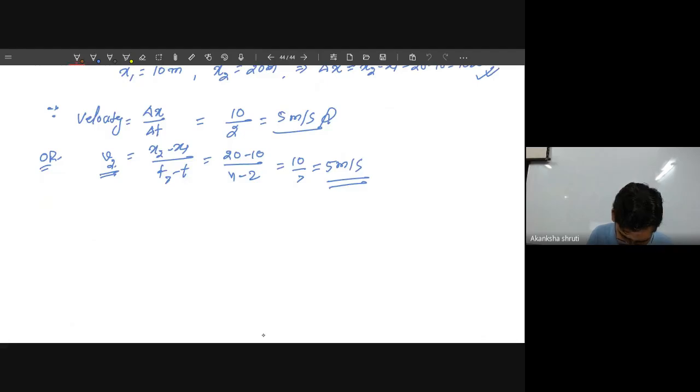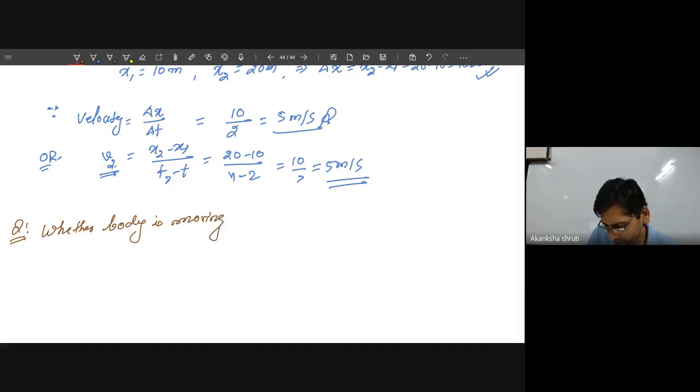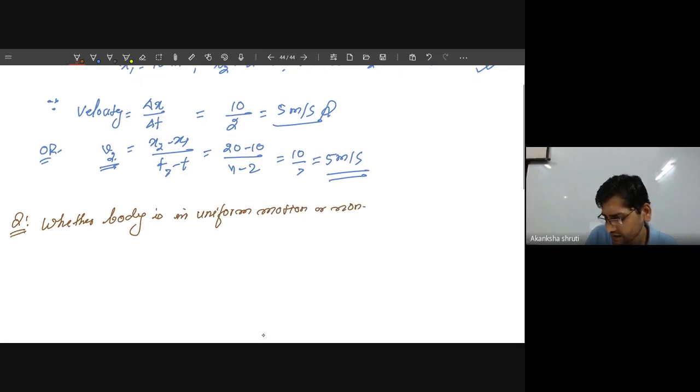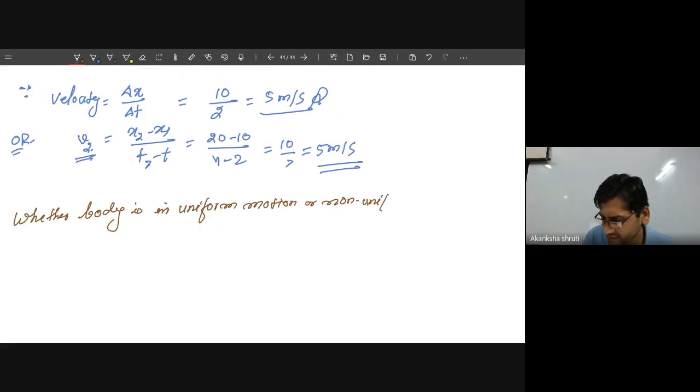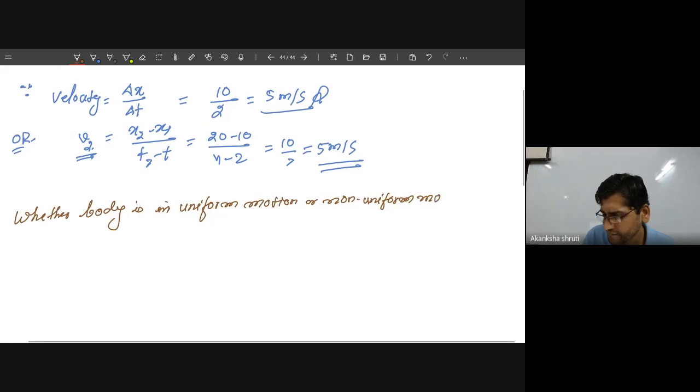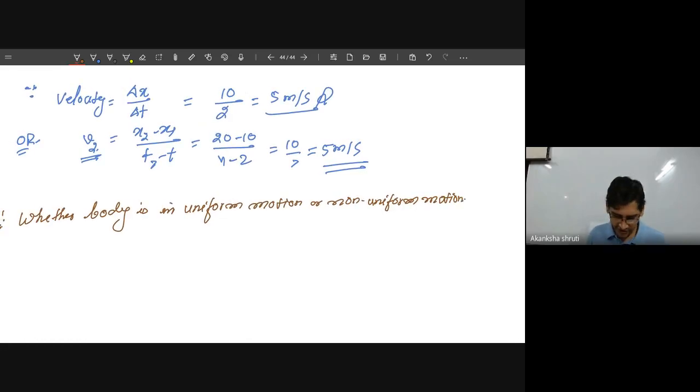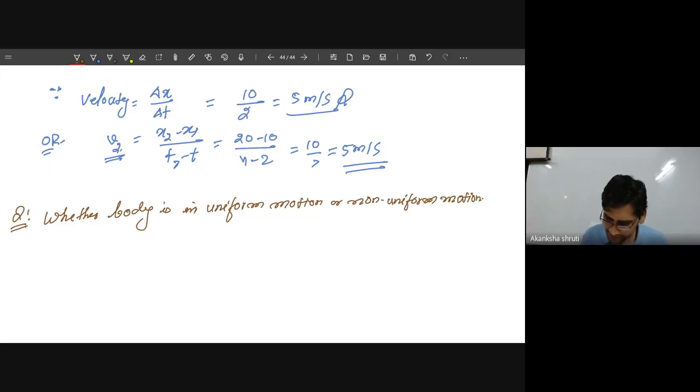Students, here we have to watch carefully: we have to calculate the different speeds at different time intervals.